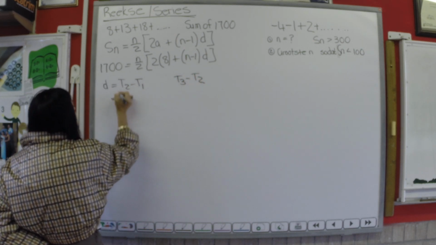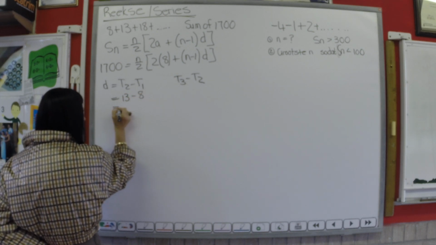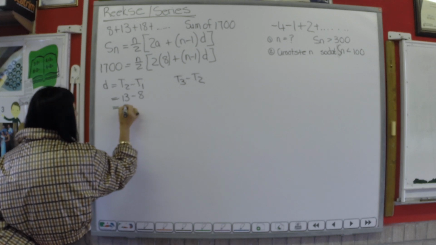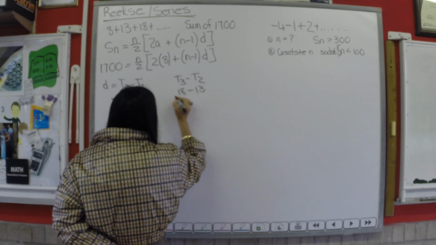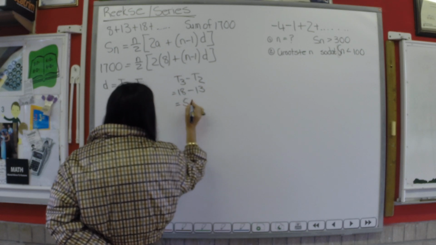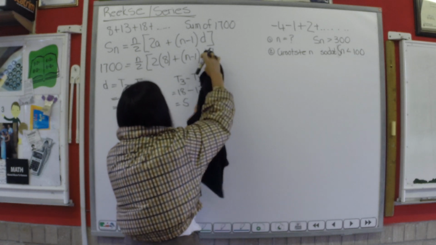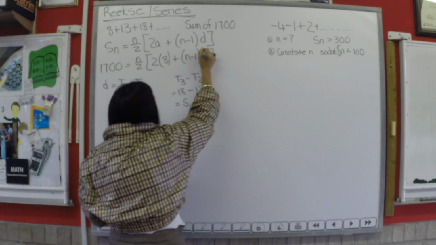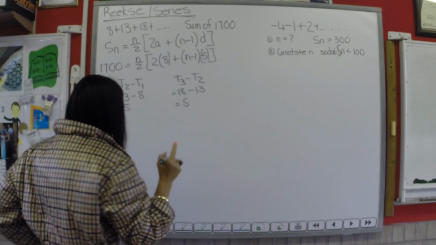So ek gaan sê 13 minus 8, luckily there's no negative, so that makes it easier. That gives me 5, let's make sure that's the case, and that also gives me 5. So I'm 100% fine with that. I can substitute the d now with 5, en nou kan ek dood eenvoudig vir n gaan uitwerk.